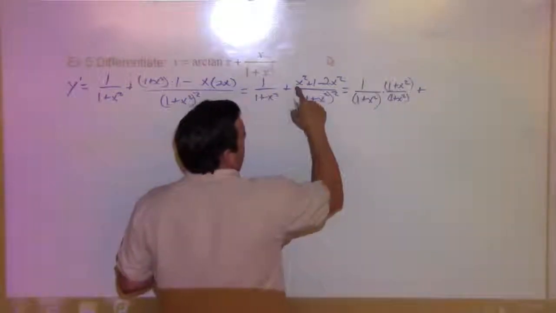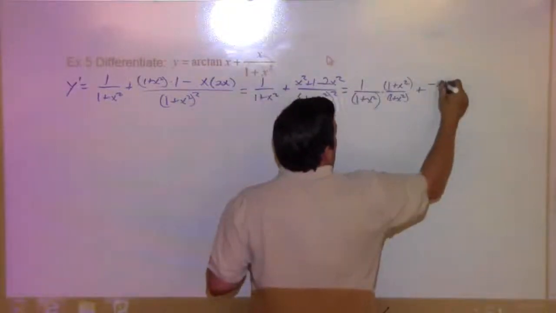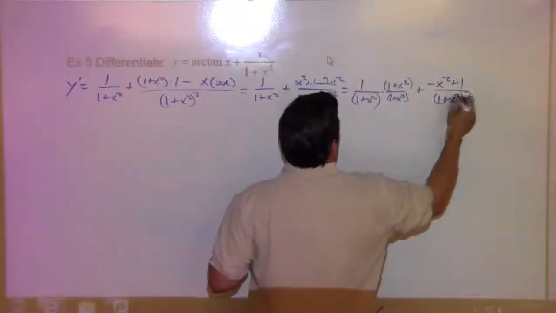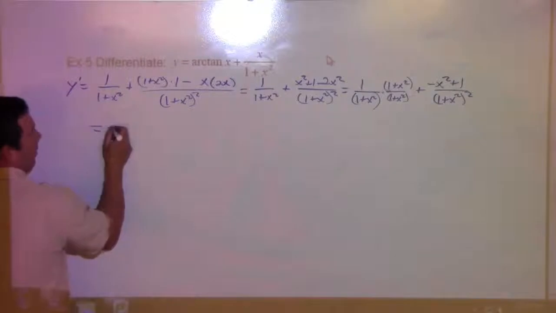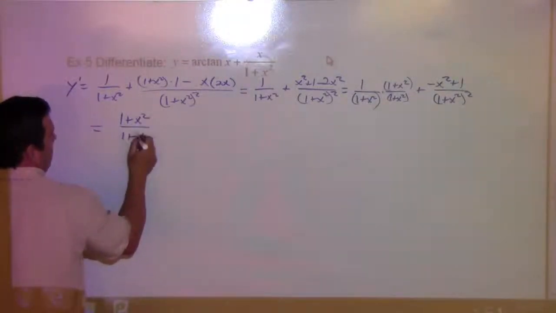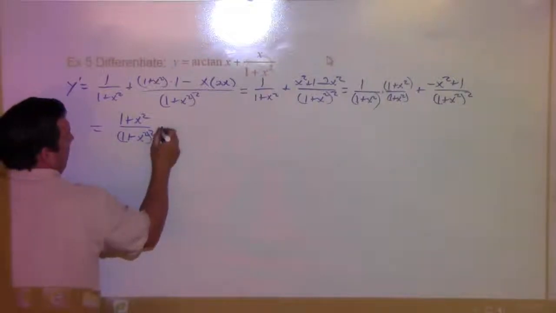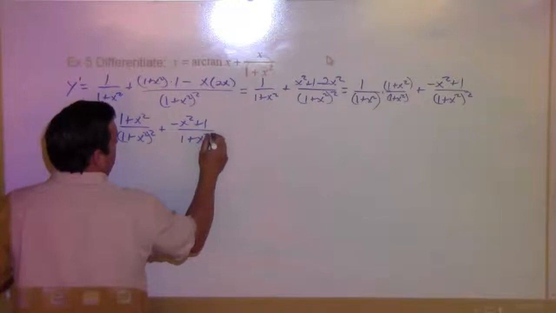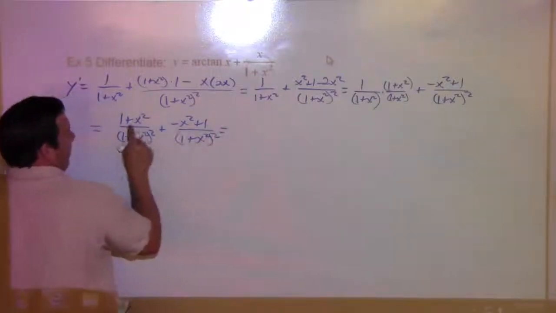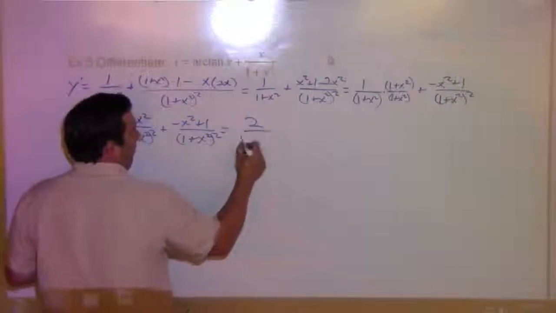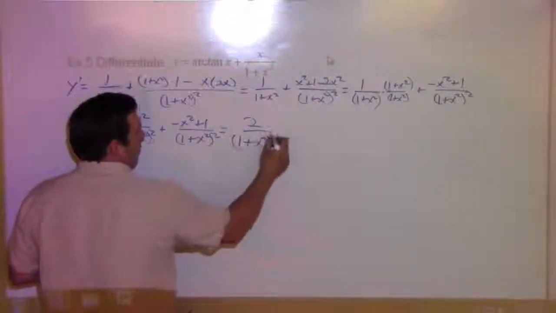X squared minus 2x squared is minus x squared plus 1 over 1 plus x squared squared. So we have 1 plus x squared over 1 plus x squared squared plus negative x squared plus 1 over 1 plus x squared squared. X squared minus x squared is nothing. 1 plus 1 is 2 over 1 plus x squared squared.